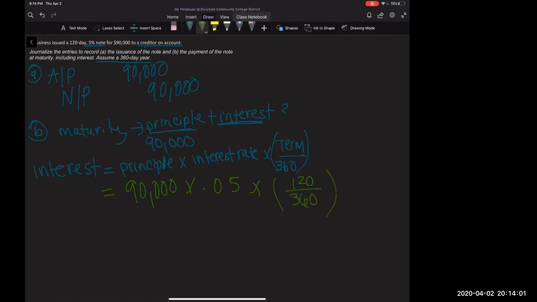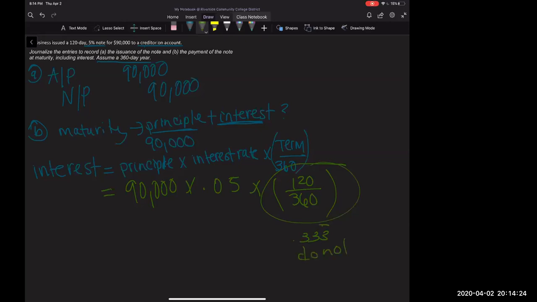Don't forget to do this part first, and make sure you leave this in your calculator. So do 120 days divided by 360 days, and you should come up with 0.33, 3 on and on.